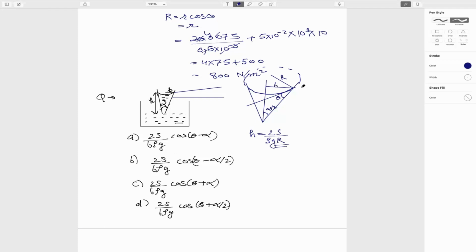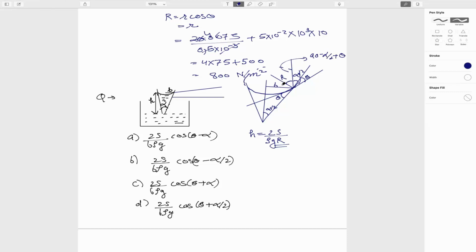So this is B, this is theta, this is alpha by 2. If you extend this line and this line, and we are extending this cone in this direction, so that is alpha by 2, this is theta. This angle is tangent to this, so that is 90 minus alpha by 2 plus theta.